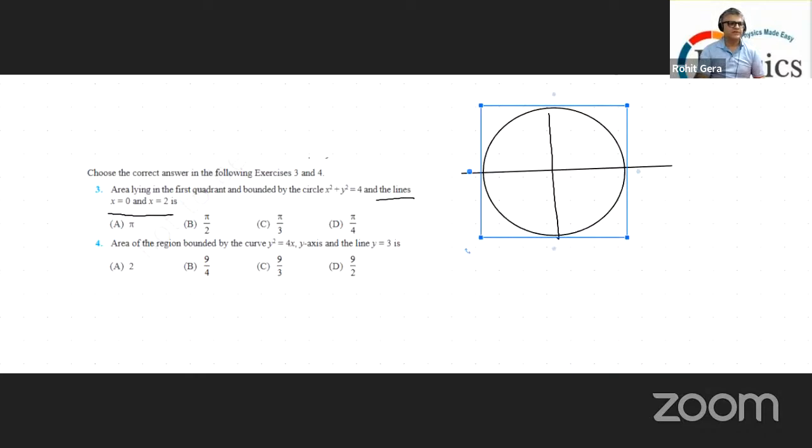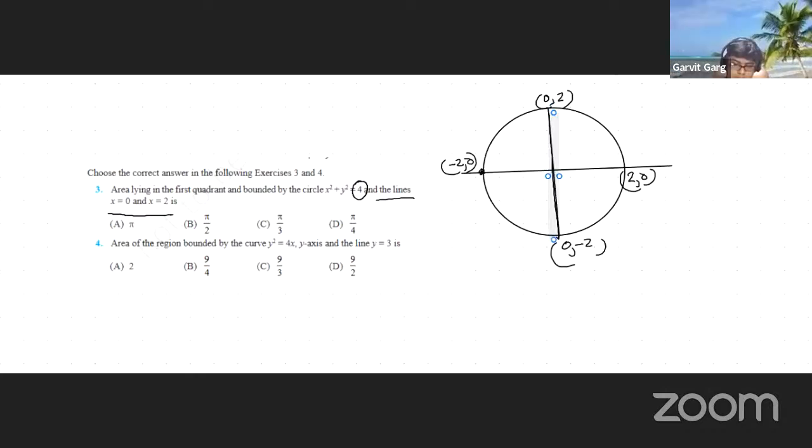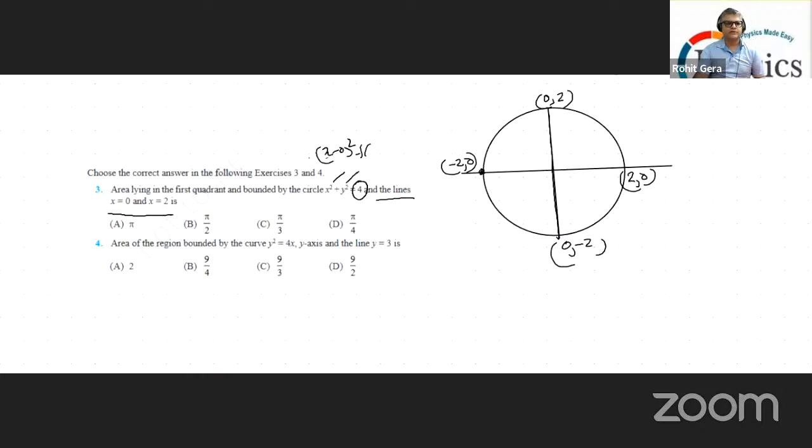So first of all, my first step is to mark this as 2, 0, 0, 2, because I know the radius is 2. So this is minus 2, 0, and this is 0, minus 2. So the radius is 2 everywhere. The center is 0, 0, because there is nothing with x and y here. It is x minus 0 whole square plus y minus 0 whole square is equal to 2 square. So this is r square, this is b, and this is a, which are 0.